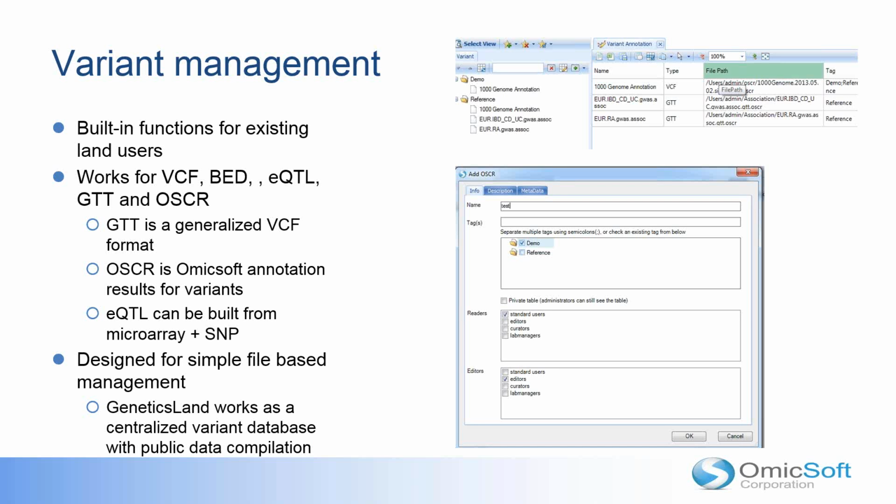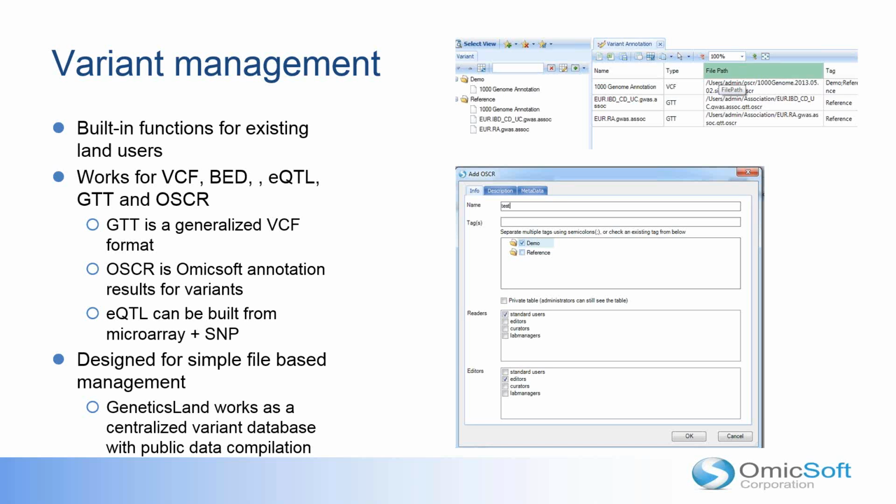Those are annotation results from Omicsoft. When they have these files together and want a centralized way to share and organize this information, they can use the variant management system that's built in for existing NAND users.